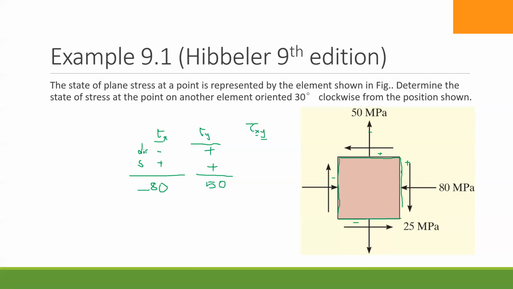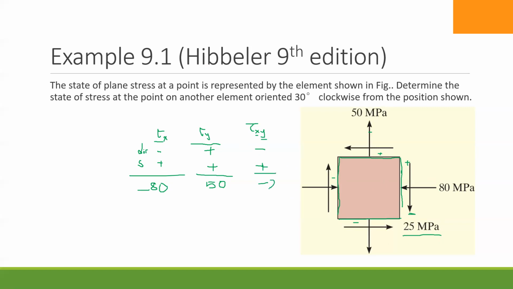This is the positive surface. Look at the direction: the direction is negative and the surface is positive, therefore tau xy should be negative 25 megapascal.